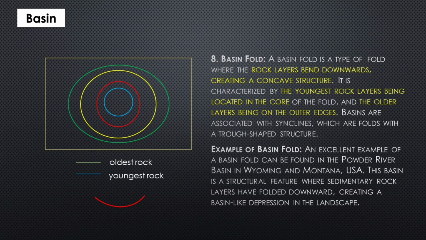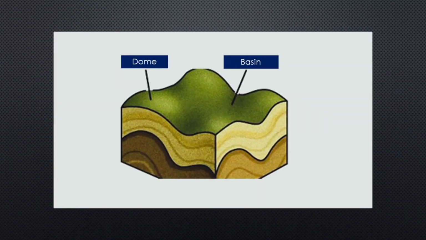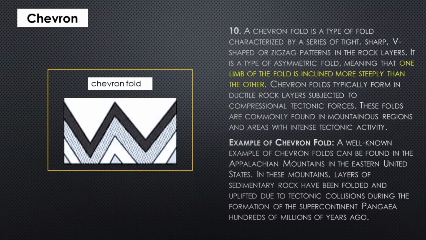For example, this kind of dome fold we can find in the Black Hills in South Dakota, USA. In this image, we can see the U-shaped region is called a basin, and that uplifted area is a dome.